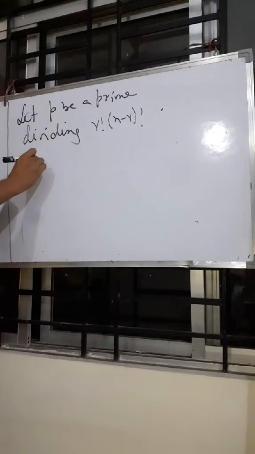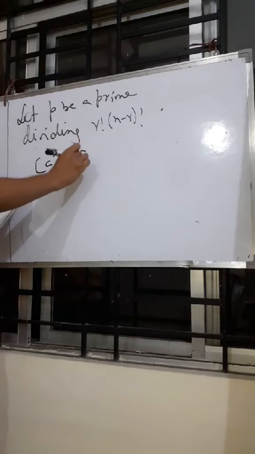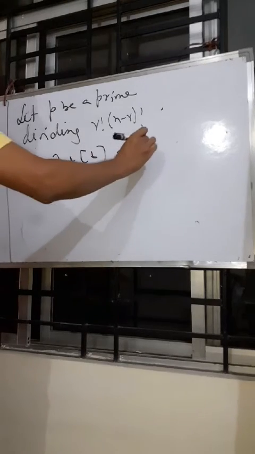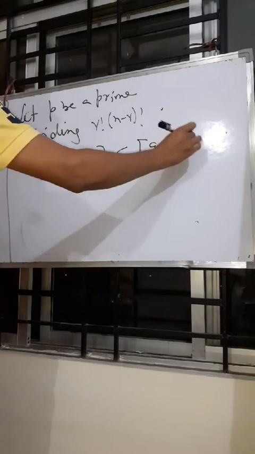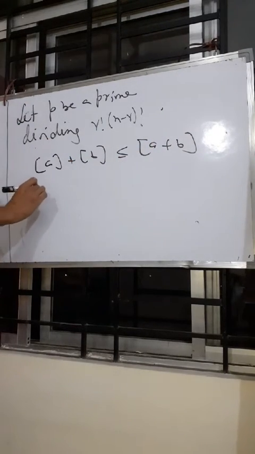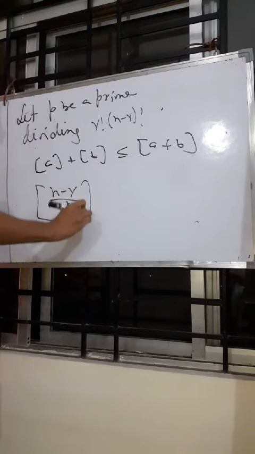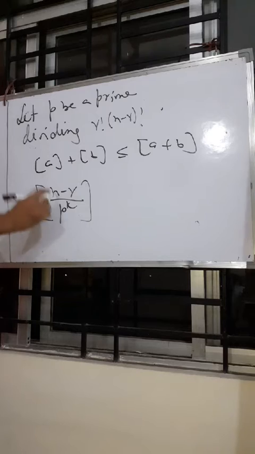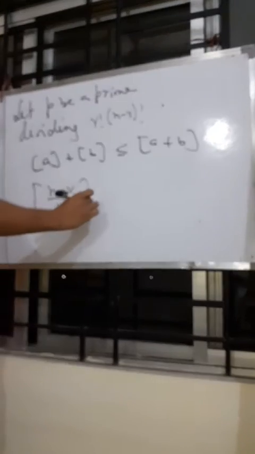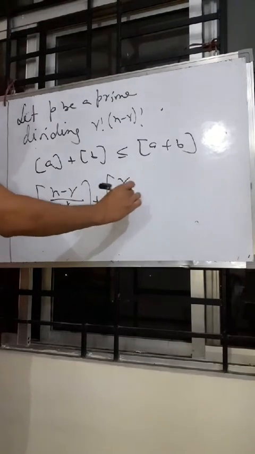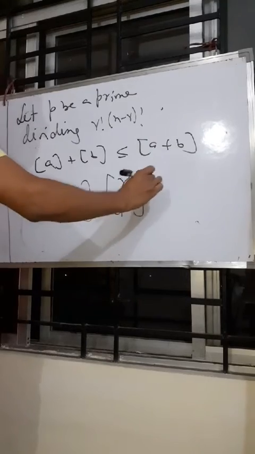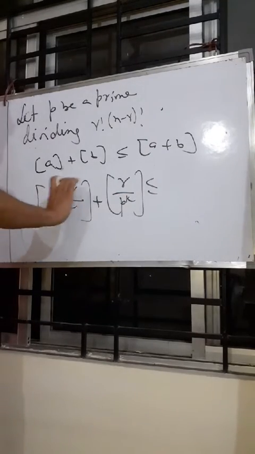Now from this result, if you apply this result, what do you get? You must get that this is your a. In place of a, you are writing this number. And this is your b. So less than or equal to, what is a plus b? Their sum.